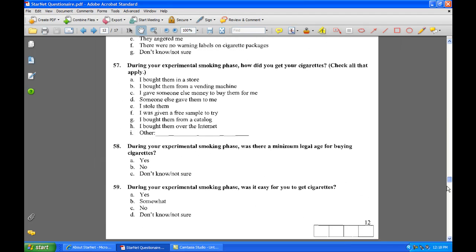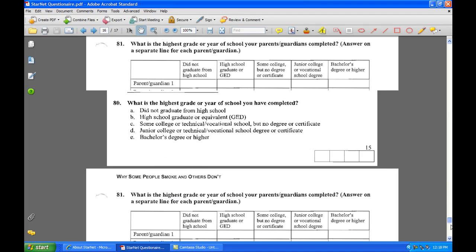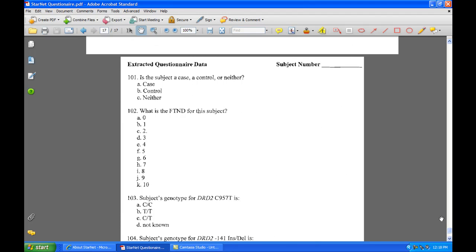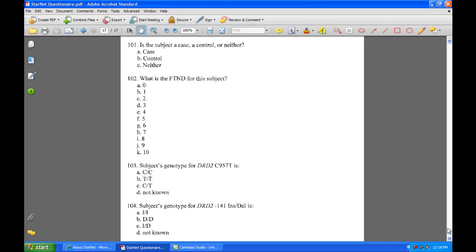Towards the end of the questionnaire, there are questions dealing with the participants' genotypes. The researchers in the study identified like 5 genes that may contribute to someone becoming a regular smoker, and all of these genes encode for receptors or enzymes that have some role in the nicotine dopamine pathway.